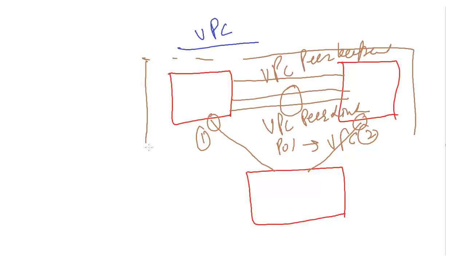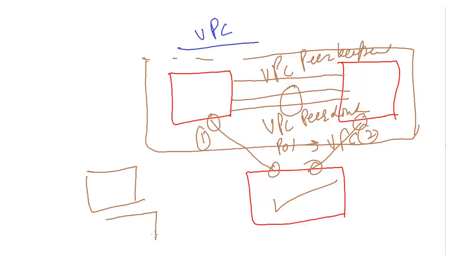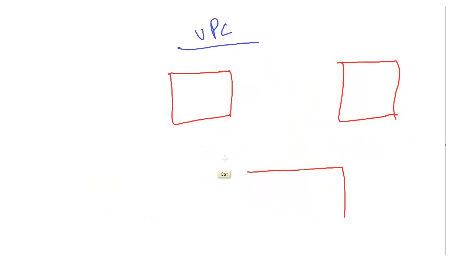So these two switches will appear as a single switch for this switch. Logically, it's logical. So port channel, logically it'll act like this. Or let me draw a better diagram for you.